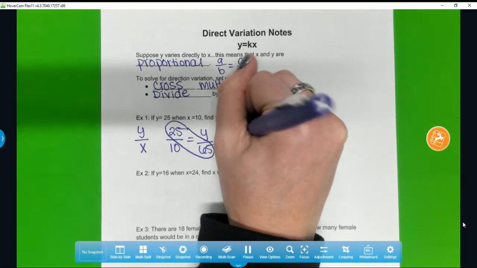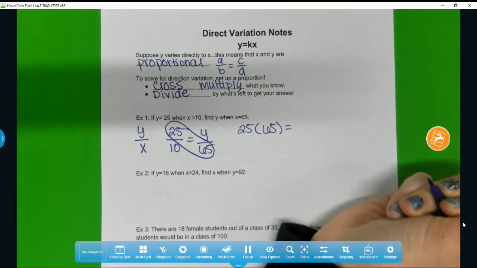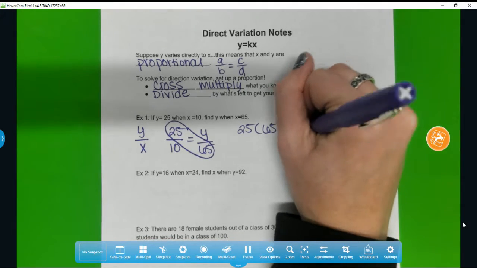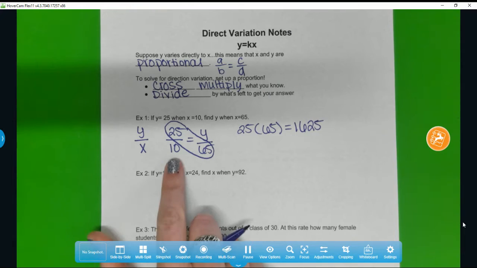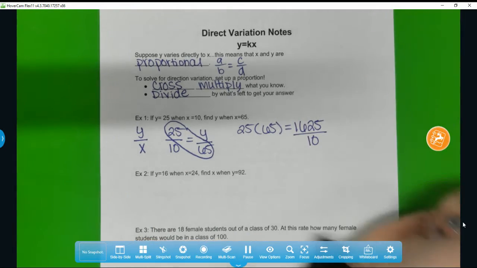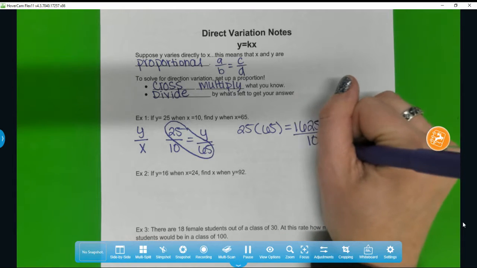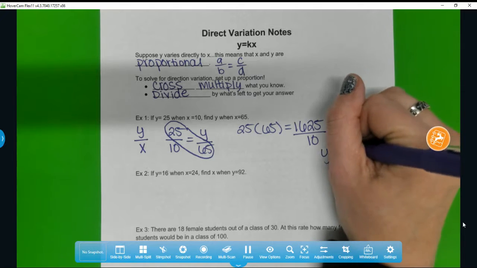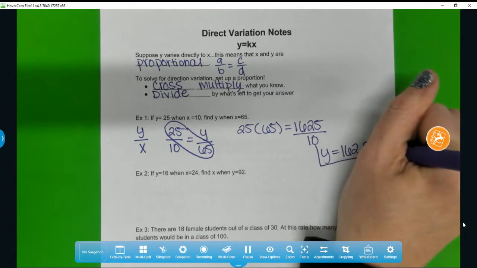So I know 25 times 65, and that is 1,625. And I'm going to divide by what's left. So what's left is my 10. So I'm going to divide 1625 by 10. And that gives me y equals 162.5.